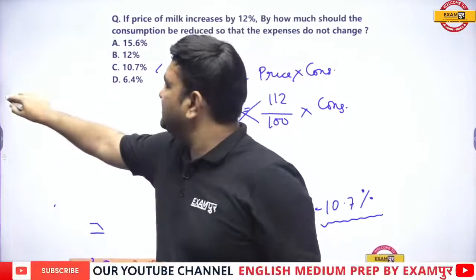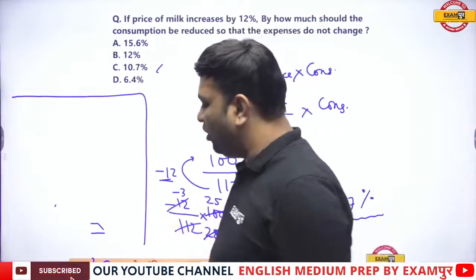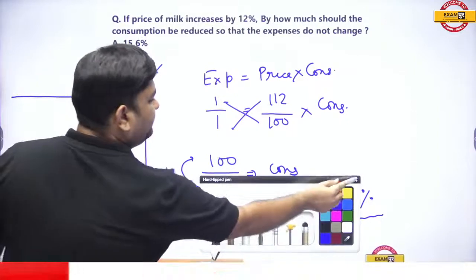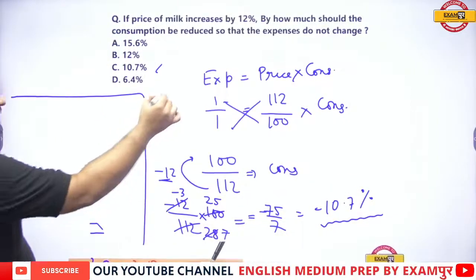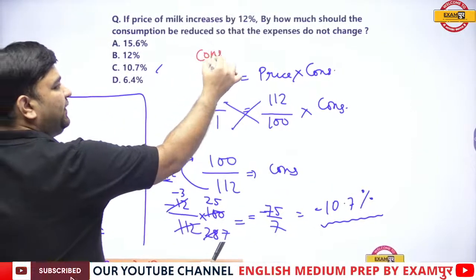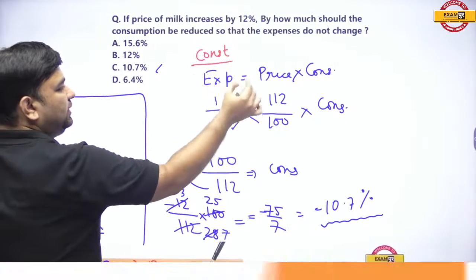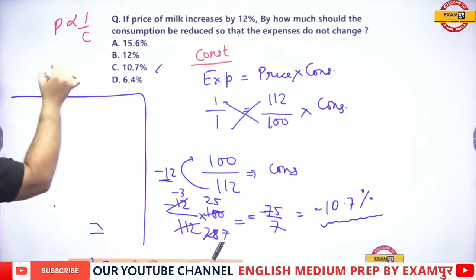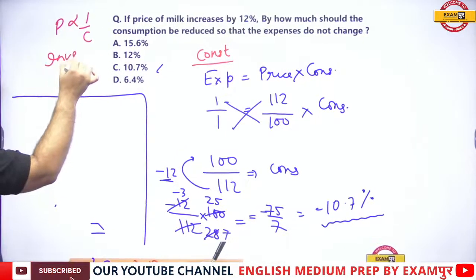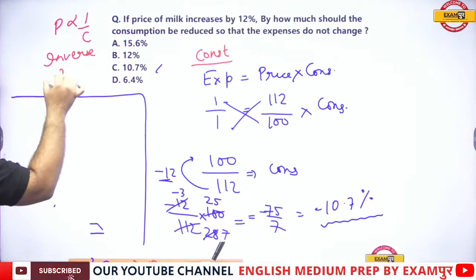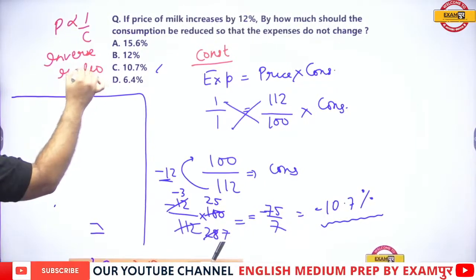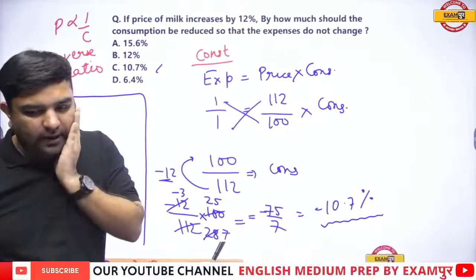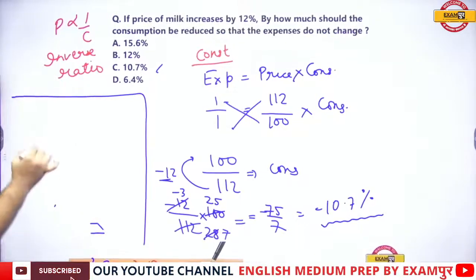Sometimes we can do it in this way as well. If expenditure is constant, then price and consumption should be in the inverse ratio. Only if expenditure is constant, price and consumption should be in the inverse ratio.